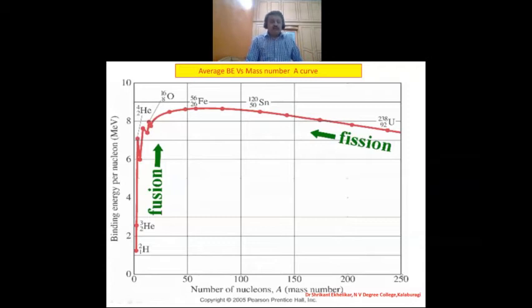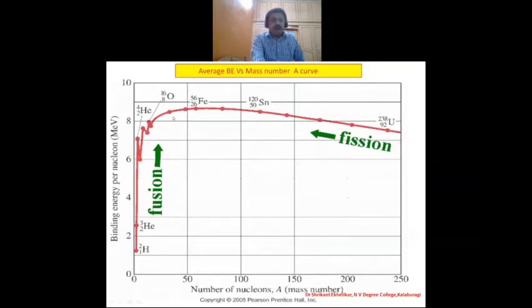The interesting part is, as the mass number increases, from 0, 1, 2, 3, 4, 10, 20, 30, 40, 50, 100, 150, 200, 250, the average binding energy first increases, then there are some peaks, and the maximum is for iron, that is 8.8 MeV, and for higher mass numbers above 200, it decreases to 7.6.